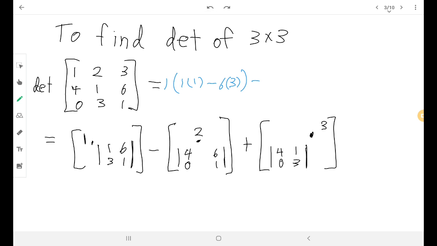So that will be 2, which is that 2 right there, times the determinant of that matrix down there, so 4 times 1 minus 6 times 0, and then you alternate to the next one and you put a plus. So we had a minus here, and then the next time we have a plus.